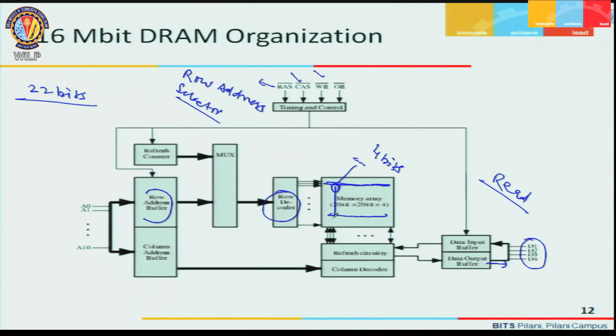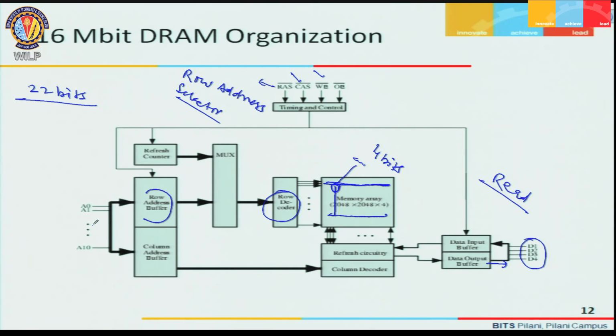So, the advantage of this is that I am able to reduce the pins exactly by half in terms of addressing the memory. The only disadvantage is that the complete address is now identified in a 2-step process.